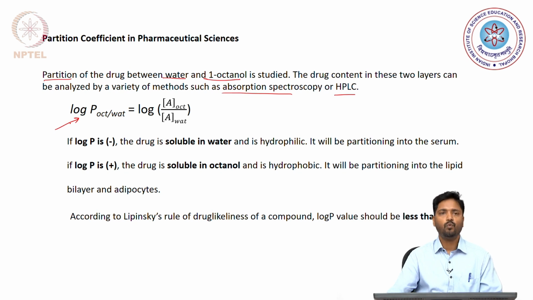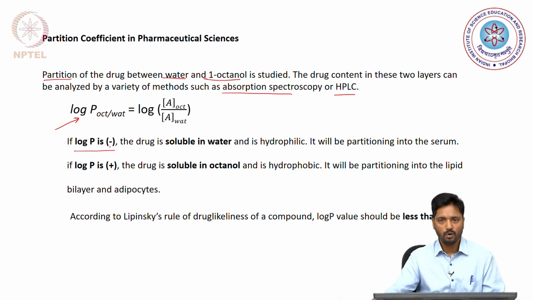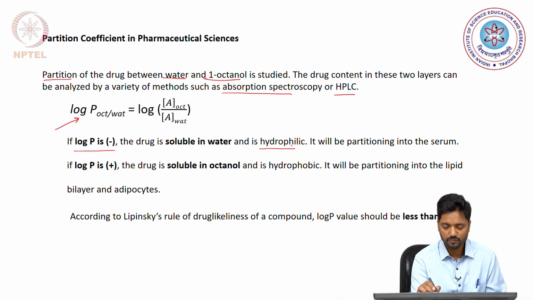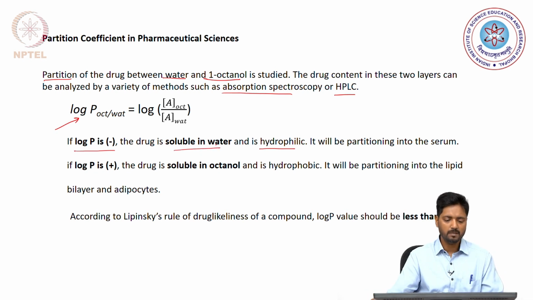Now, what people have realized is that if the log P value is negative, then more of the drug partitions into the aqueous layer, or the drug is considered to be hydrophilic and soluble in water. A very common example of a compound that will show a negative log P value will be something like acetamide or acetic acid, because it will partition well in the aqueous phase.